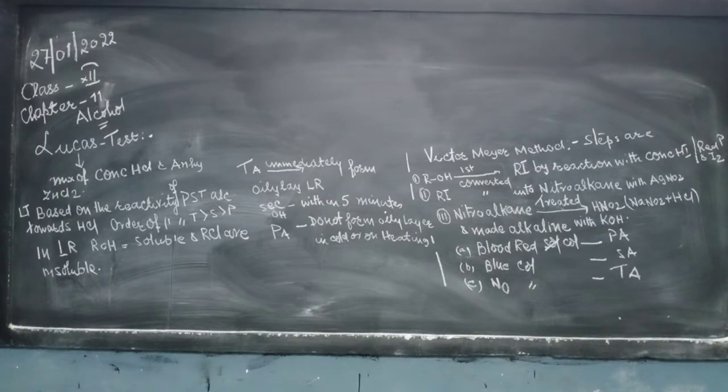First point, what is Lucas reagent? A mixture of concentrated HCl and anhydrous zinc chloride is called Lucas reagent. Lucas test is based on reactivity of primary, secondary and tertiary alcohols towards HCl.